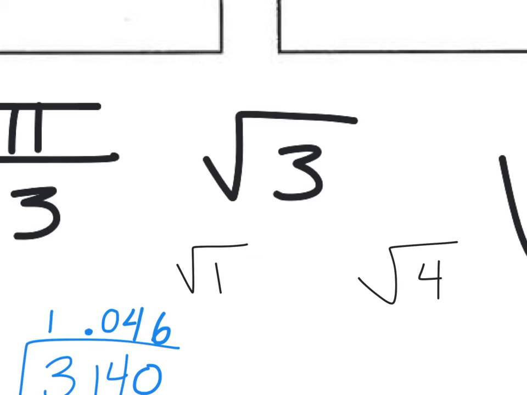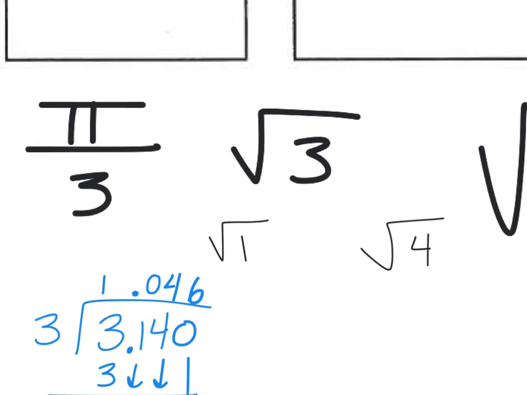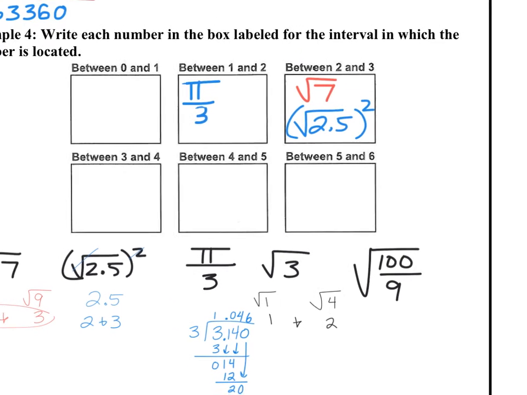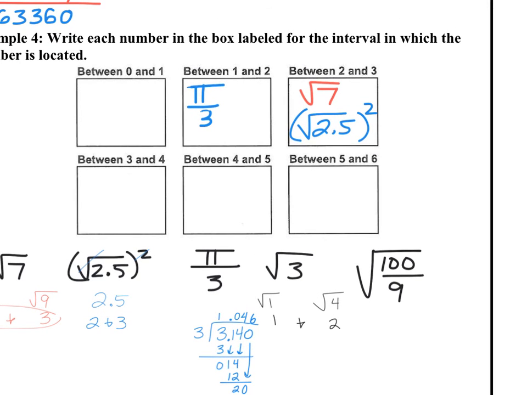What's the square root of 1? 1. Remember, we're asking what number times itself gives me the number in the root. And then what's the square root of 4? 2, because 2 times 2 is 4. So it's between 1 and 2 as well. So I'm going to put square root of 3 in that box.